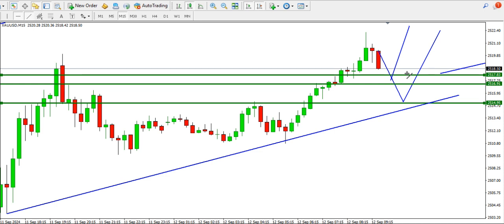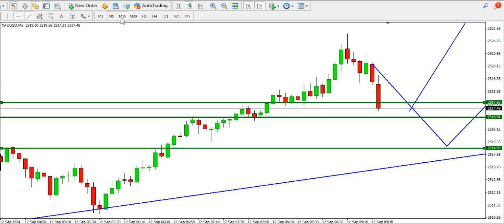But if this buyer's defensive area fails, the next level is this particular area, and this particular area is in confluence with this ascending trend line. But overall direction is bullish, in as much as price is ranging for now.